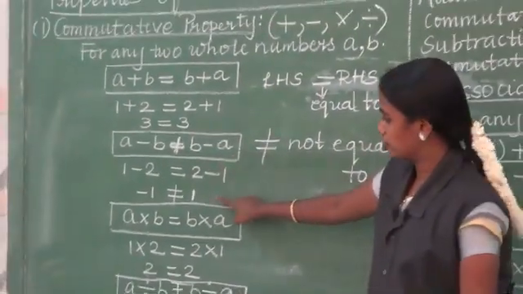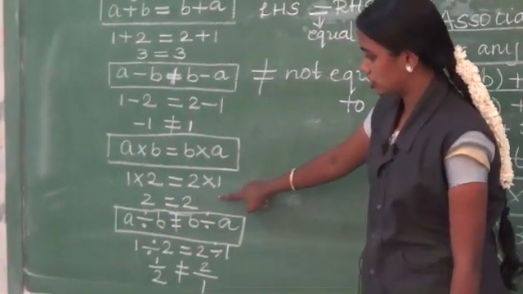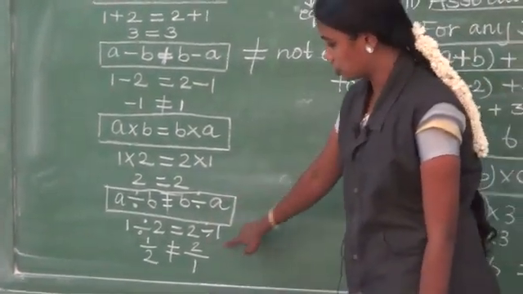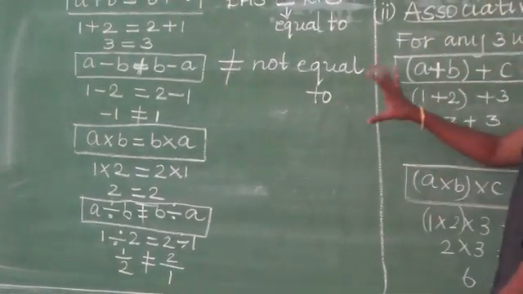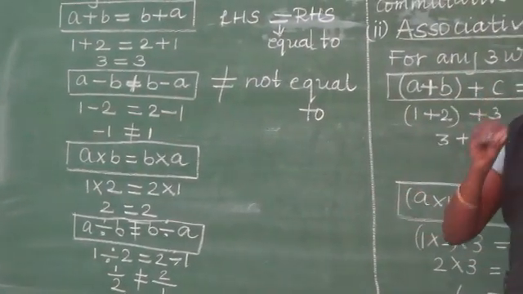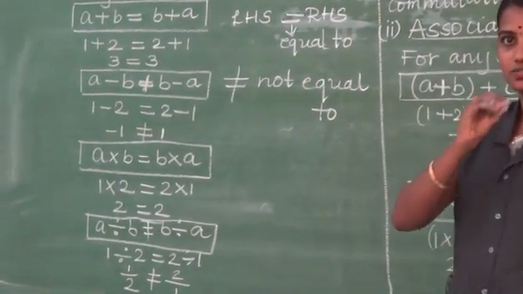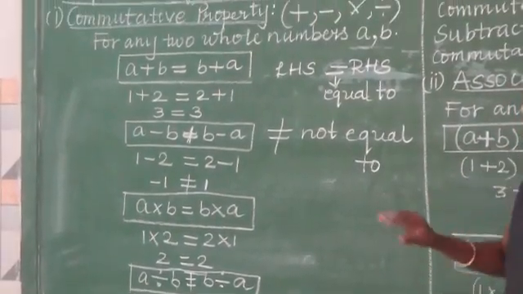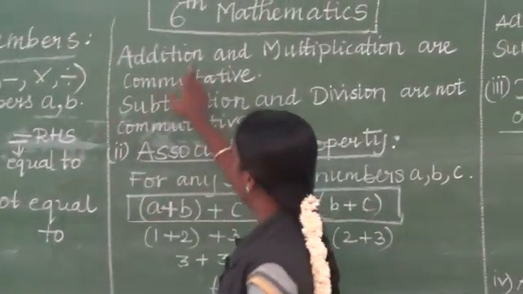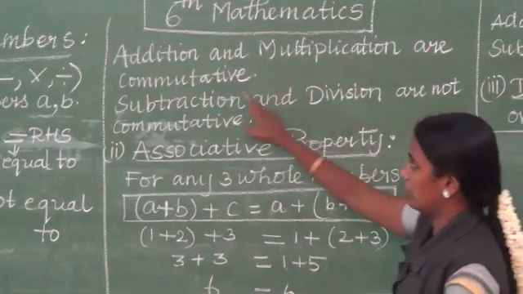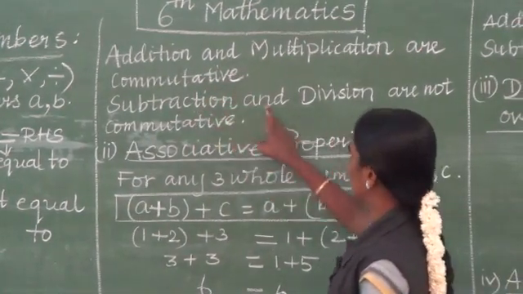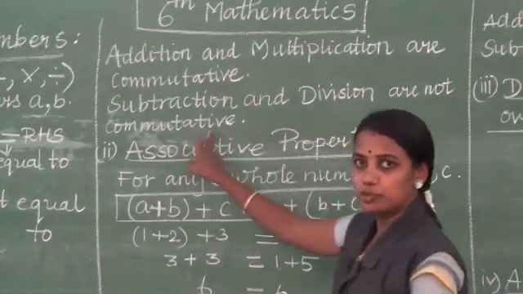Subtraction, it's not satisfied. Multiplication, it's satisfied. Division, it's not satisfied. Whenever you go for a property, most probably subtraction and division will not hold. So addition and multiplication are commutative; subtraction and division are not commutative.